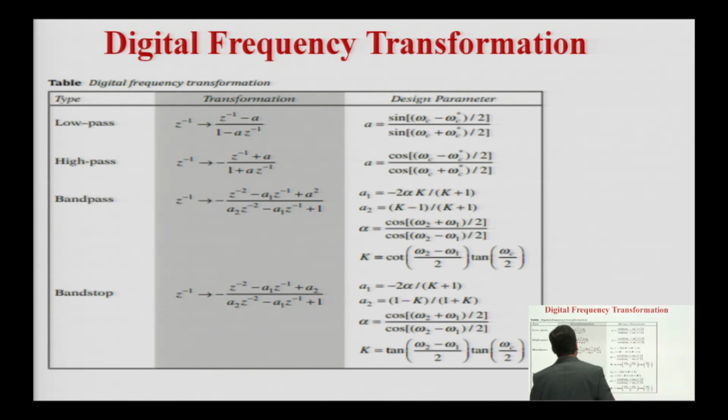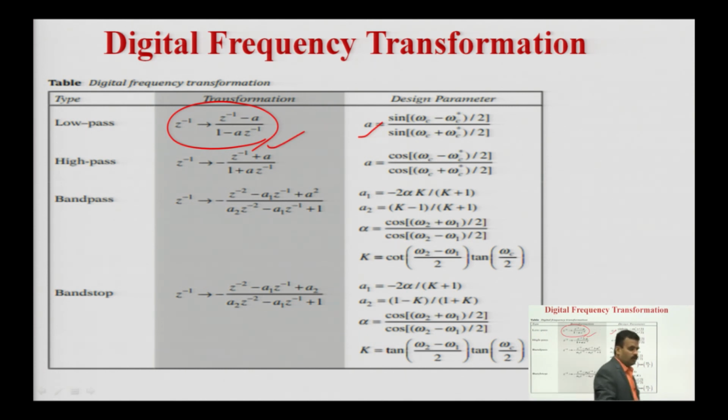This is the digital frequency transformation. In digital frequency transformation, you can see here the transformation, if design parameters are given in this condition. In digital transformation you study the z plane, because you have to map your plane into the unit circle, and the unit circle you always find in the z plane.